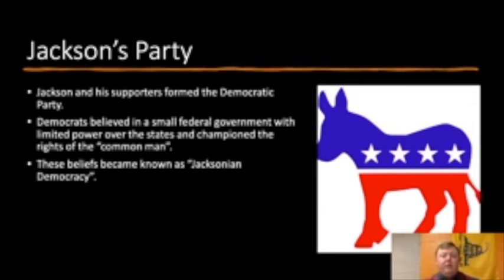So Jacksonian, obviously named after Jackson, and democracy, from the Democratic Party. That's where they get that name. Now, where the Republican Party appeals to merchants and bankers, the Democratic Party appeals to factory workers and farmers. Again, more of your lower middle class, hardworking, working every day kind of people.